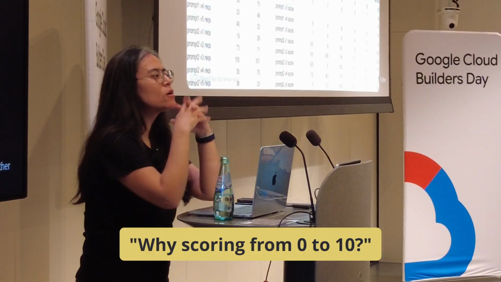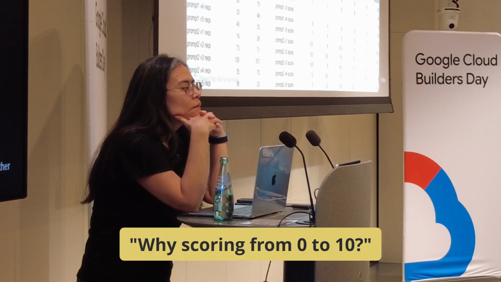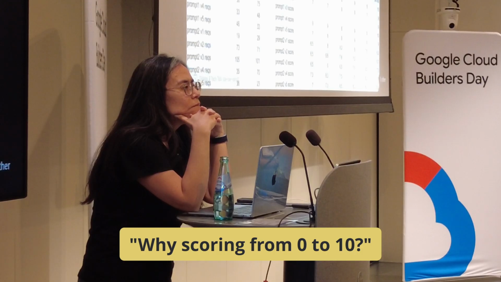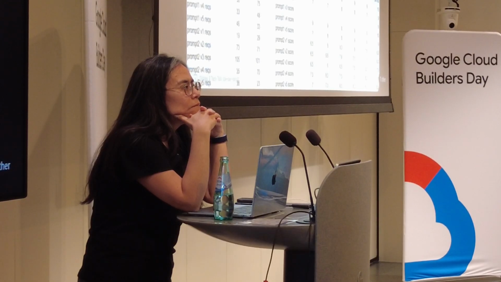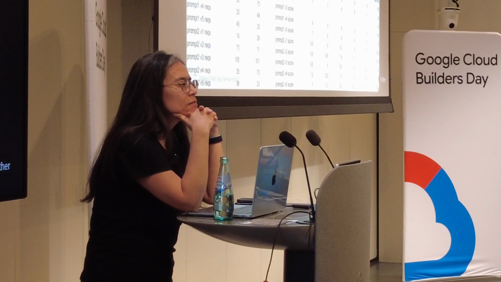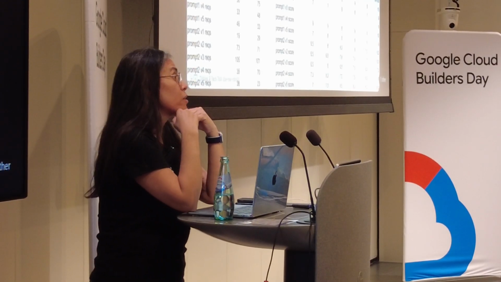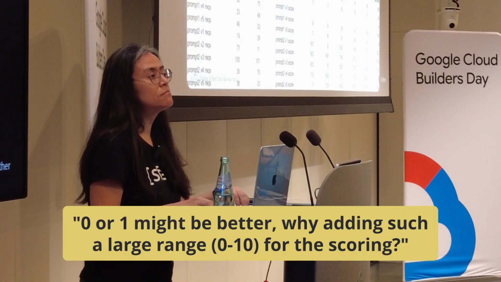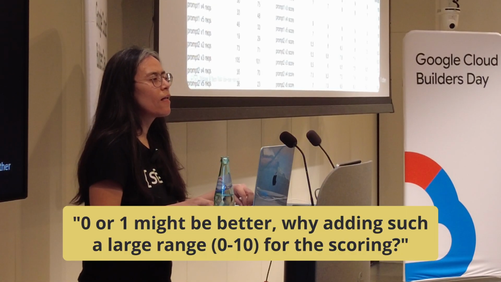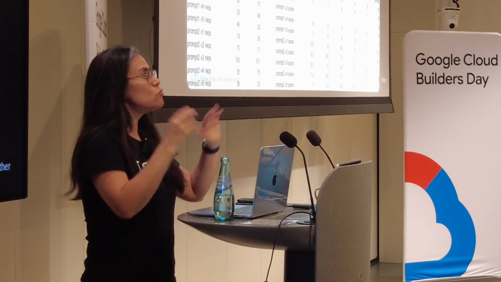Maybe last question. Since this is a very deterministic solution, why are you scoring based on 0 to 10? Is it just the complexity of solving this task? What would you have done? Done or not? Okay. Because what is the difference between 7 or 8?